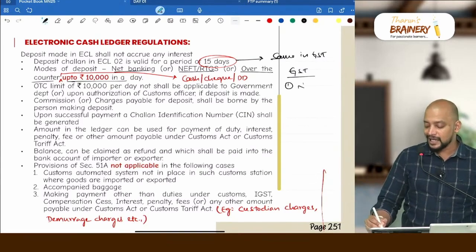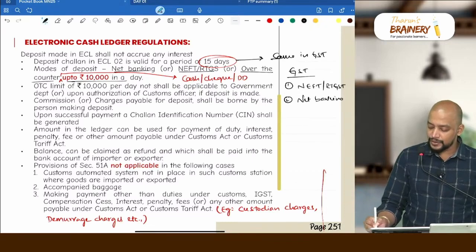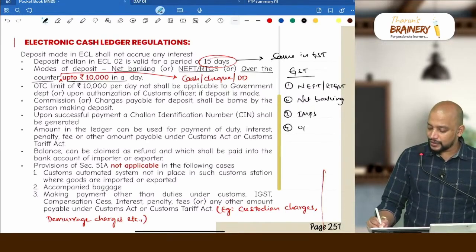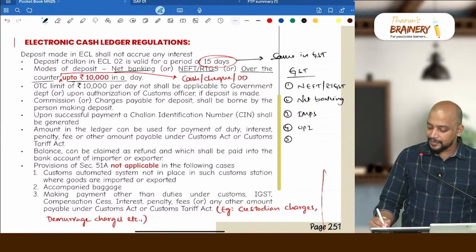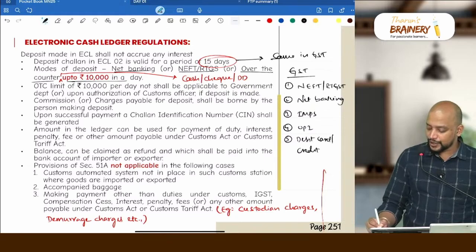NEFT or RTGS, net banking, IMPS, UPI, debit card or credit card, and number 6 is OTC, that is over the counter up to rupees 10,000 per tax period.